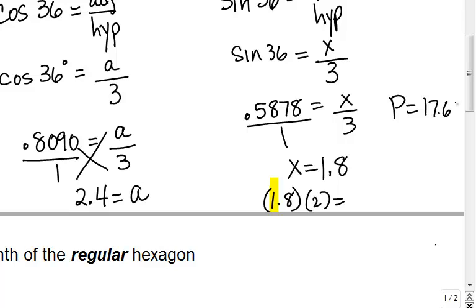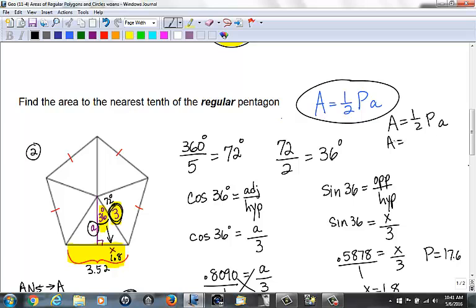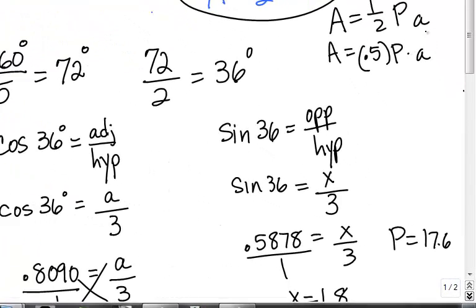Now I need to go back to the original formula. Go back to this formula, write it down. So I have the 1/2, I'm going to go ahead and change that to 0.5 times P times A. I do not have to write those down, they're in the memory.